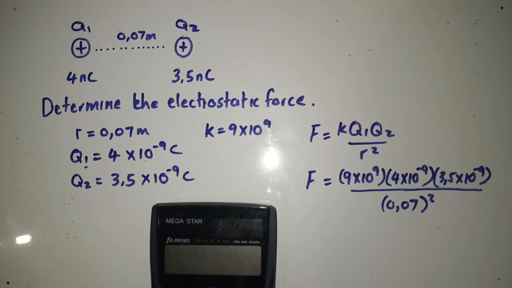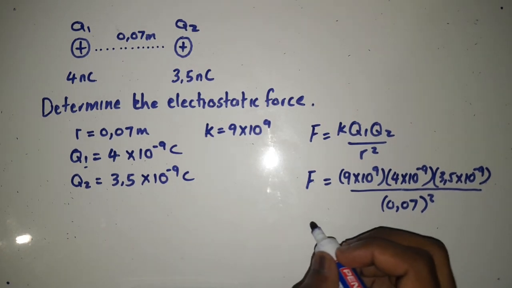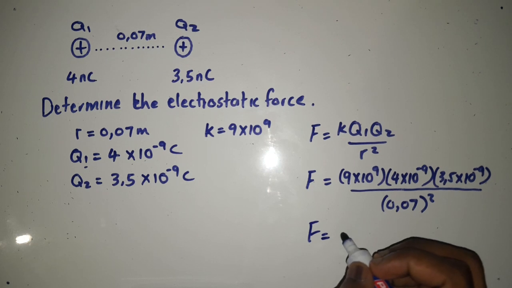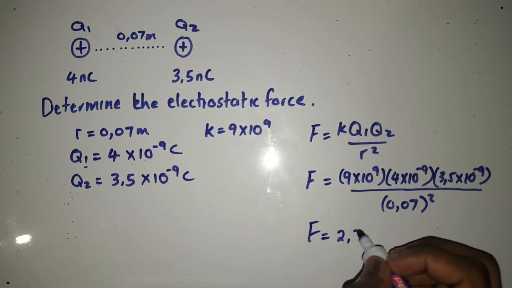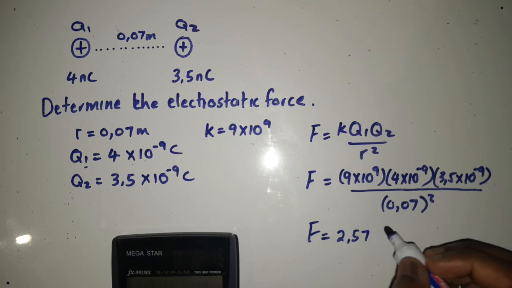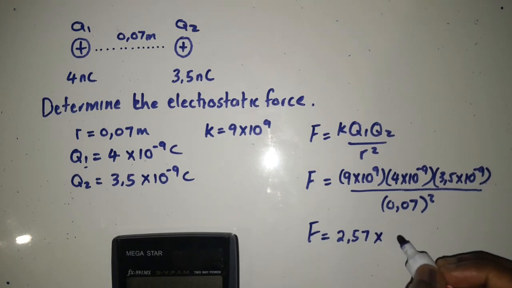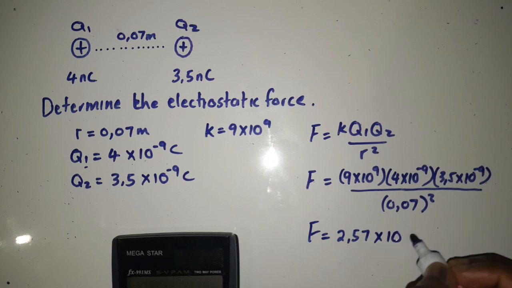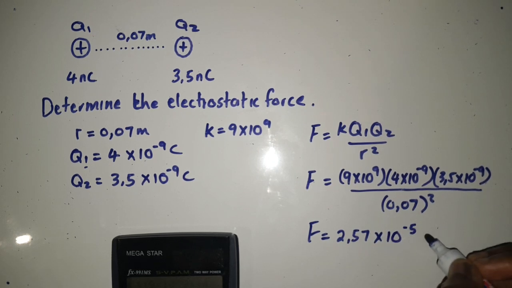Then let me divide by 0.07. Then I have to square this. Let's see, what do we get? I get F to be 2.57. Let me round this one to 1 decimal, multiplied by 10 to the power of minus 5 Newton.